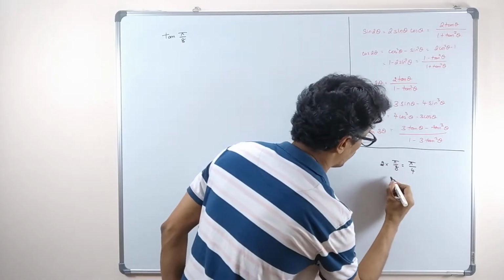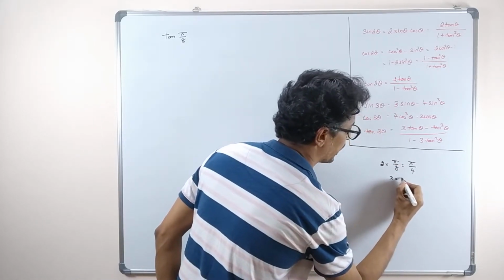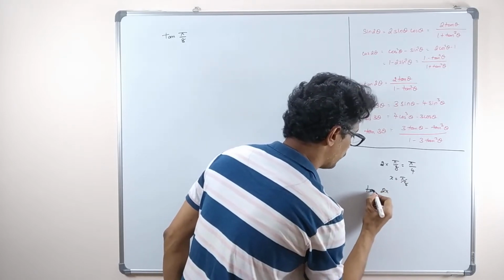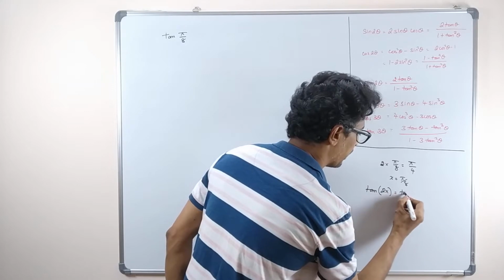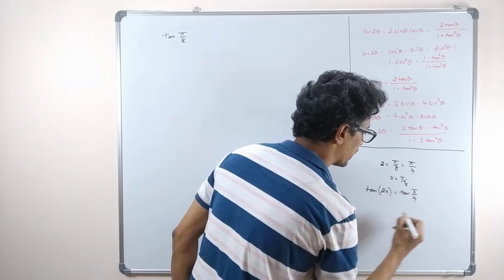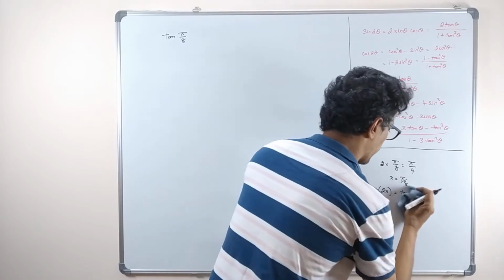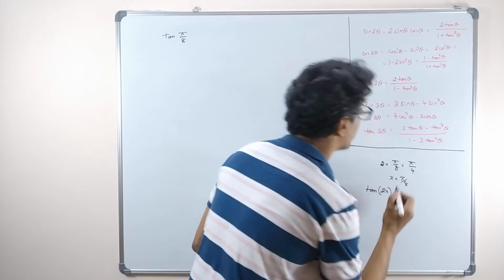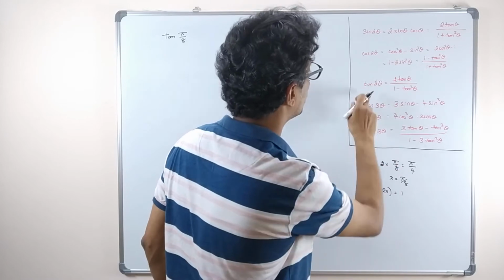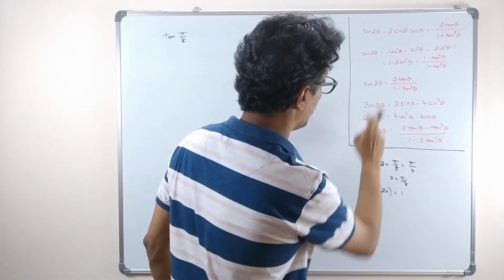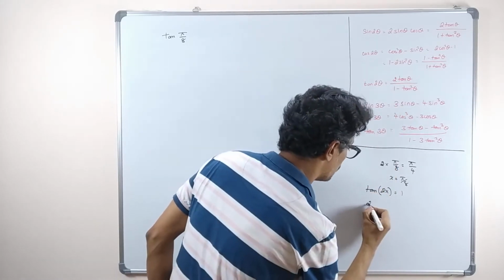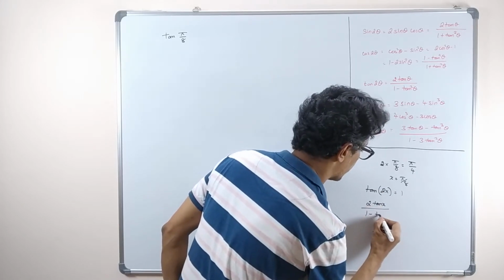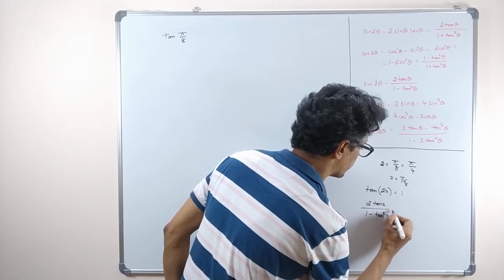Let me call x equal to pi by 8. So tan of 2x is equal to tan of pi by 4, which is equal to 1. Here tan 2x is equal to 2 tan x divided by 1 minus tan square of x, equal to 1.